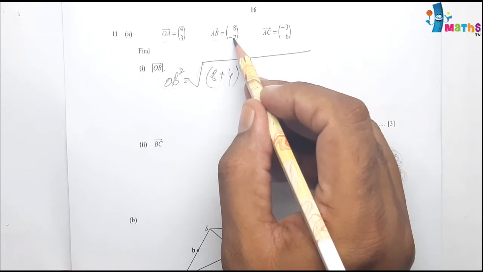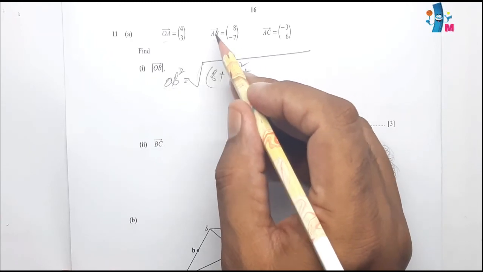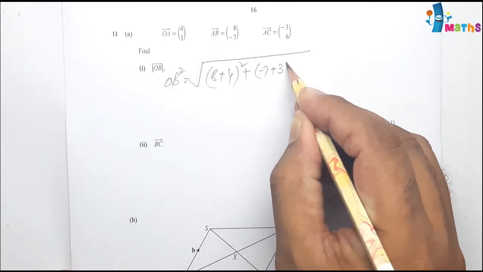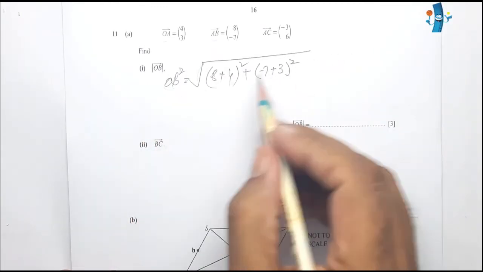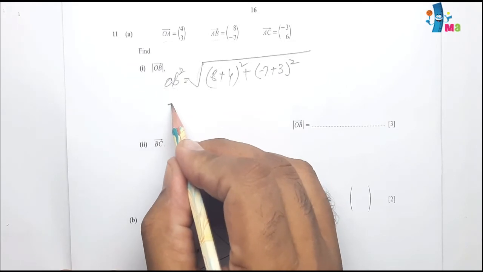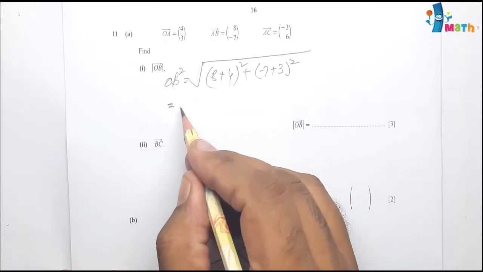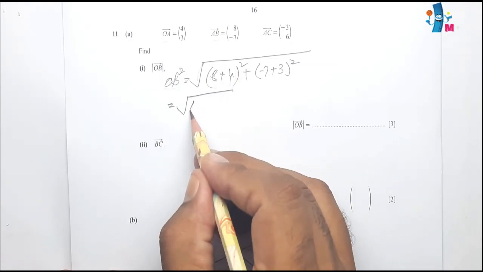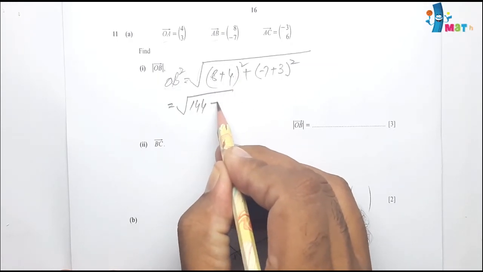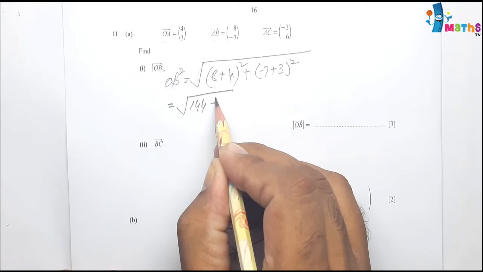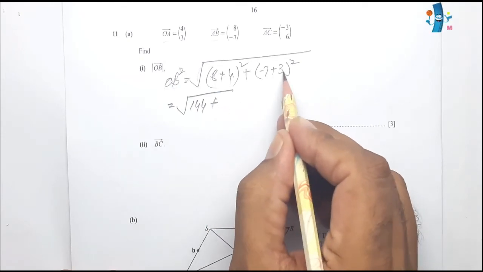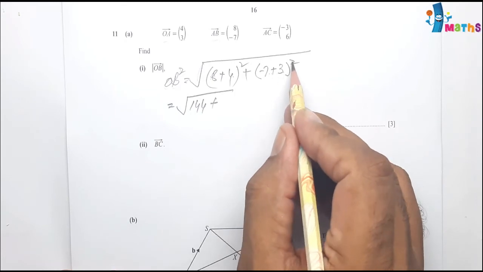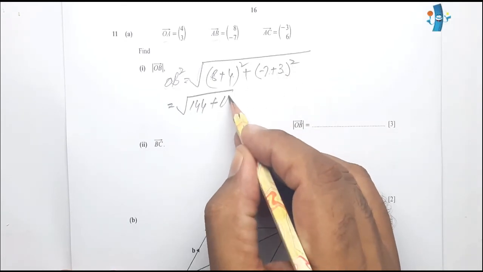Minus 7 plus 3 is minus 4, and minus 4 squared is 16.